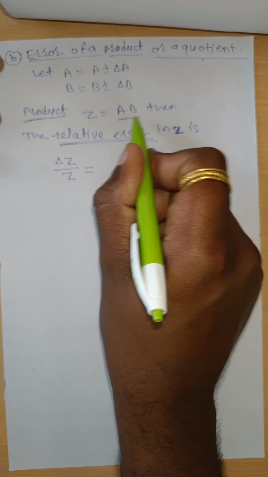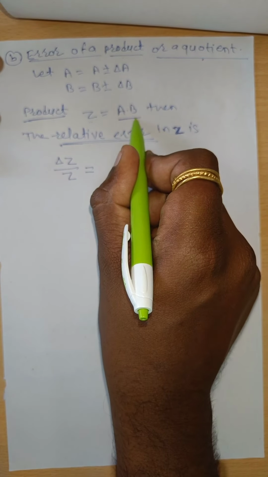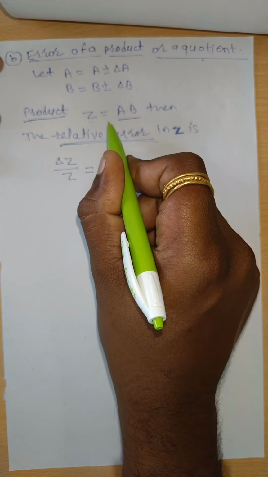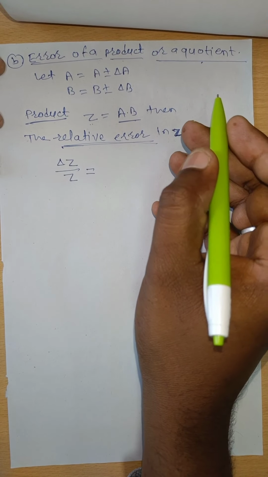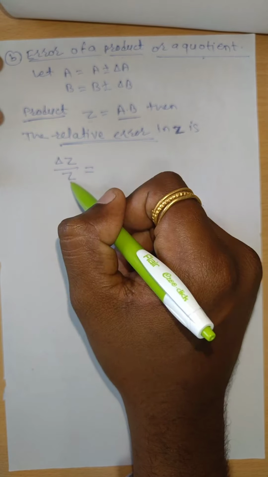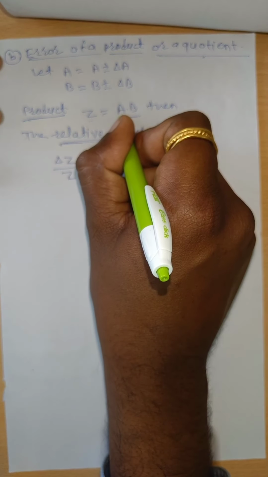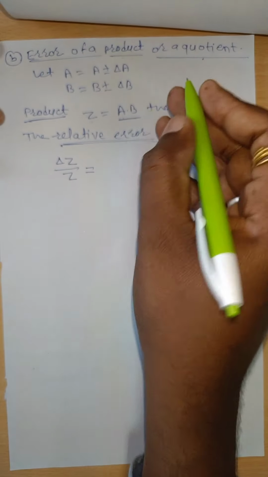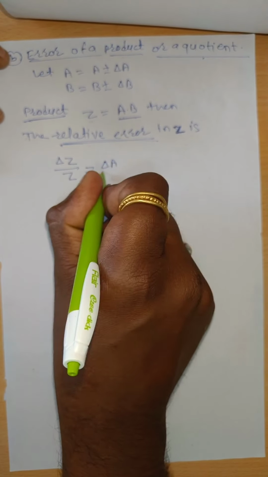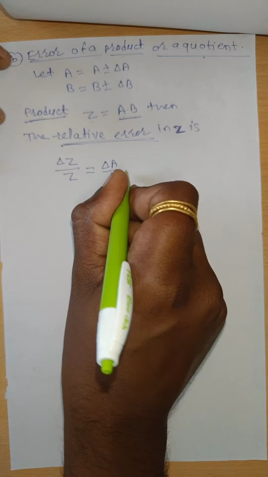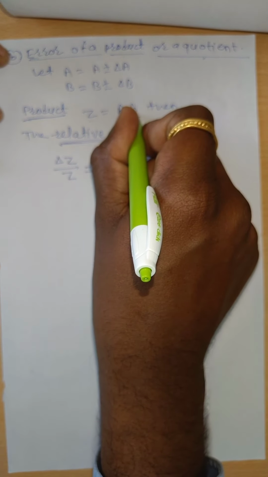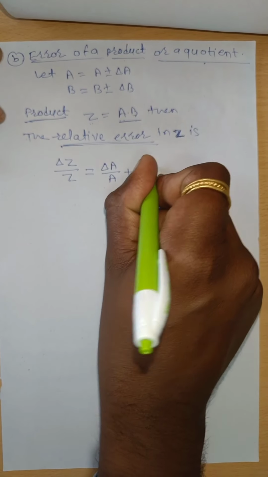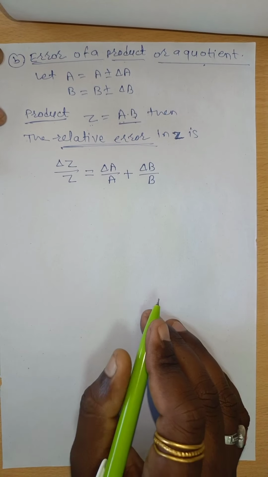While A and B are in terms of product, what happens to their relative errors? In that case delta Z by Z is equal to the relative error of A, that is delta A by A, plus the relative error of B, delta B by B.